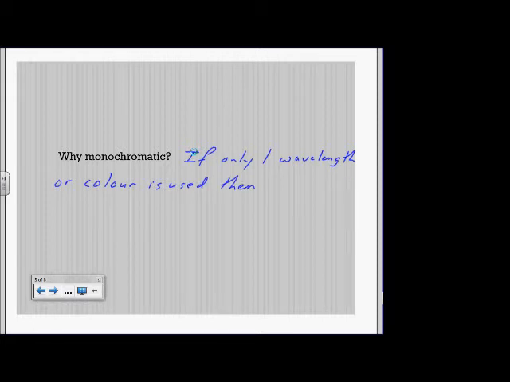We could say, if only one wavelength or color is used, then a clear pattern of maxima and minima is produced.